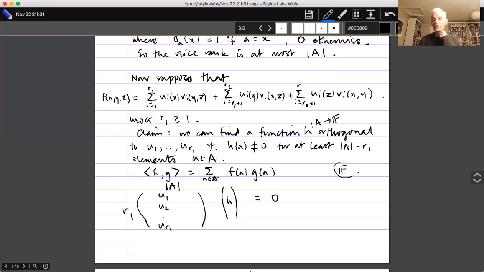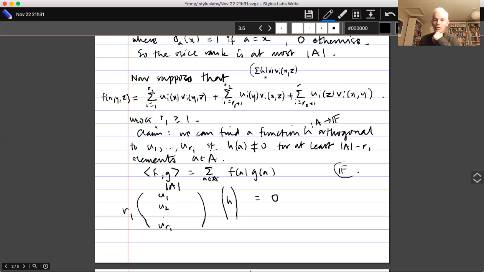This one, what happens here? We get the sum from i equals R1 plus 1 up to R2 of u_i(y) times a function that we get from v_i by taking the inner product with x of the first variable, so to speak. So we'll get a thing that looks like this, sigma H(x) v_i(x,z).